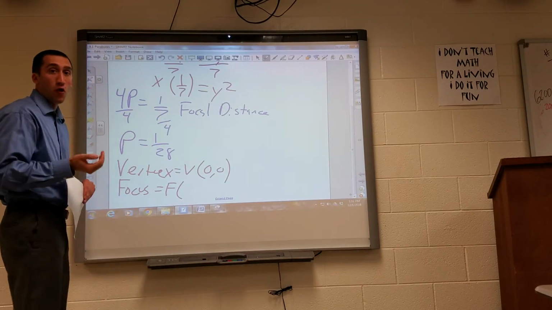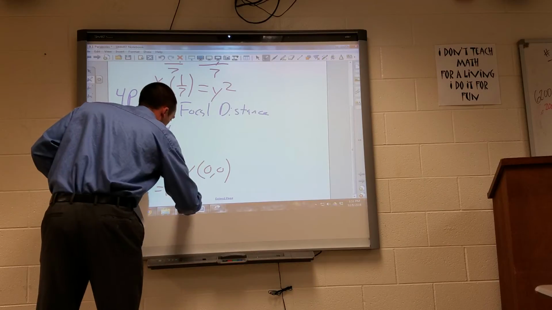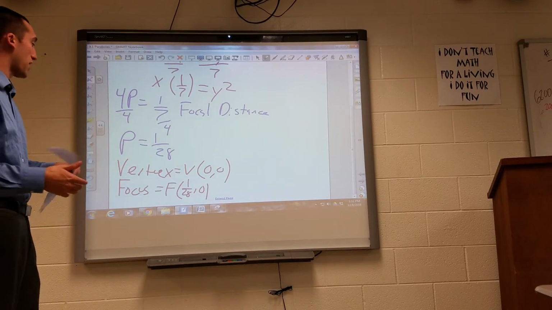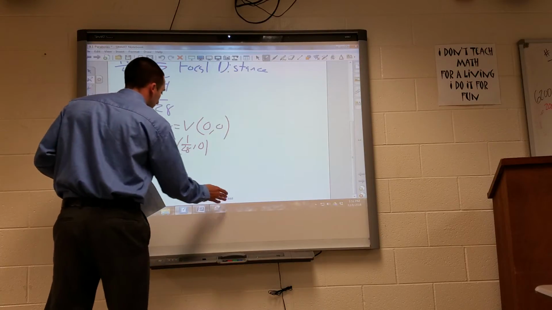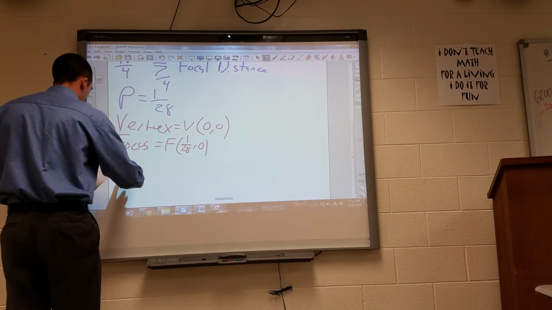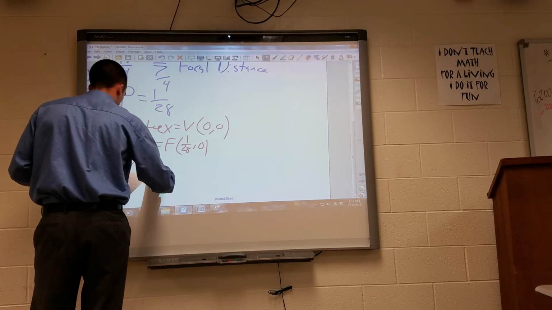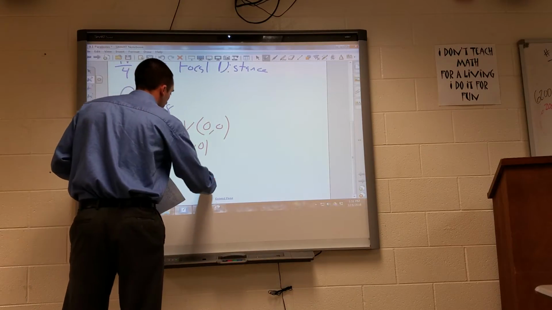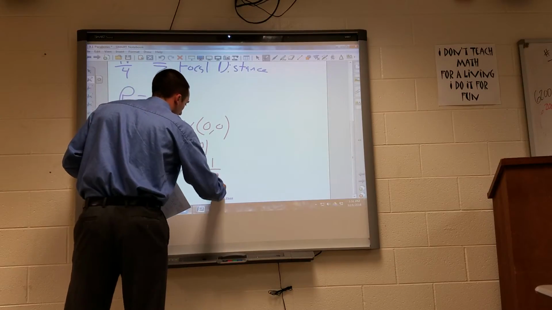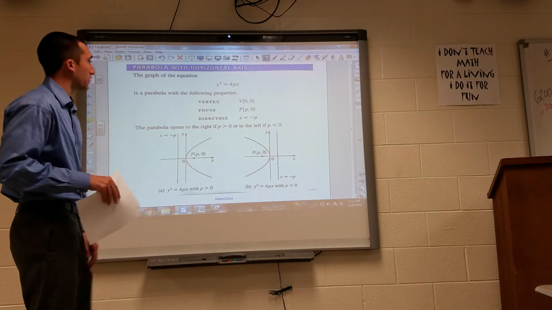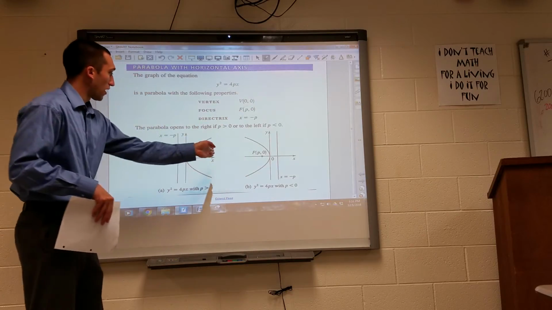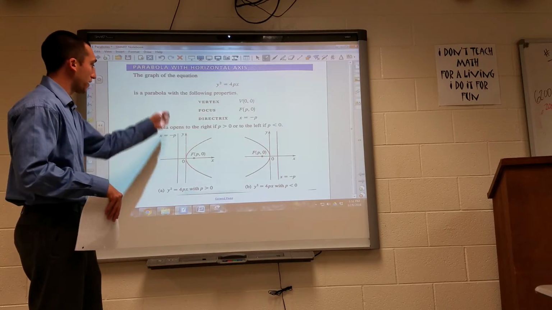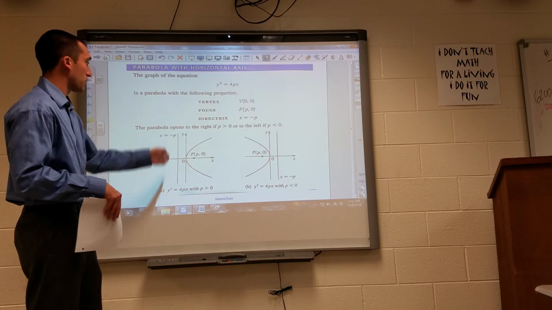So I know that my focus point is (1/28, 0), right? It's horizontal, so the 1/28 goes in my x. And my directrix is x equals negative 1/28. So the vertical line, right? And since our graph is positive, it's just going to be a vertical line, x equals negative p, in this case negative 1/28.